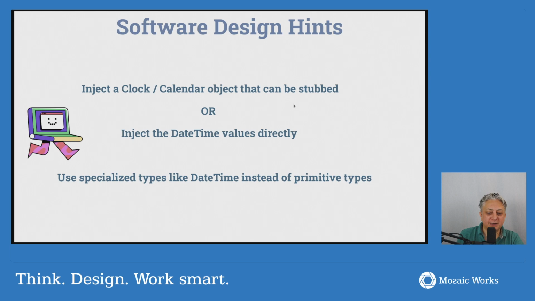And you use specialized types like date time instead of primitive types. Of course, nothing stops you from having an integer for date, an integer for month, an integer for year, and then play around with these things. Problem is if you're doing it like that, the arithmetic of date time becomes difficult.